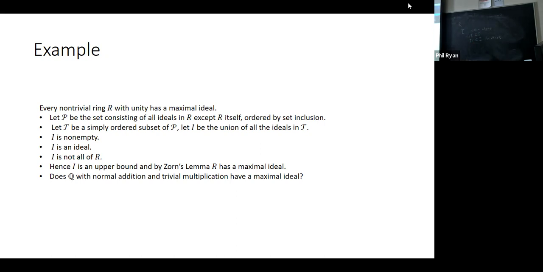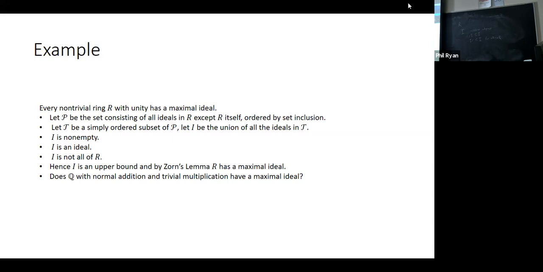Right, because R, of course, is itself an ideal of itself. So if we look at the collection, say, let P be the collection of all ideals in R except R itself, ordered by set inclusion.